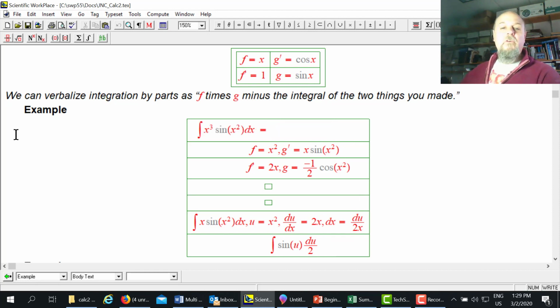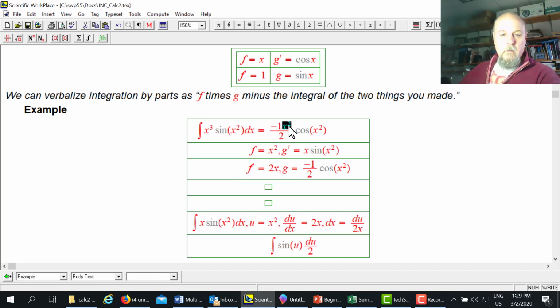Okay, so integration by parts: f times g, which is minus x squared times one half cosine x squared, minus the integral of the two things I made.